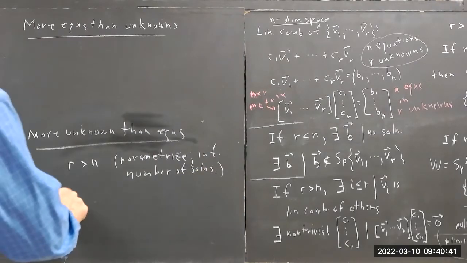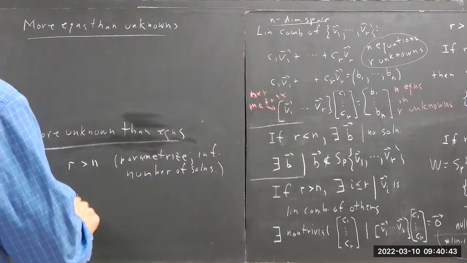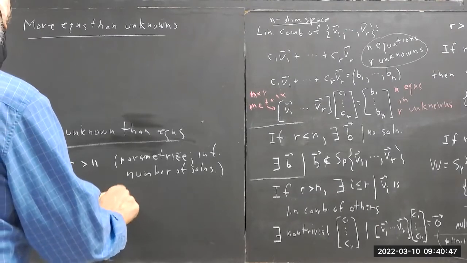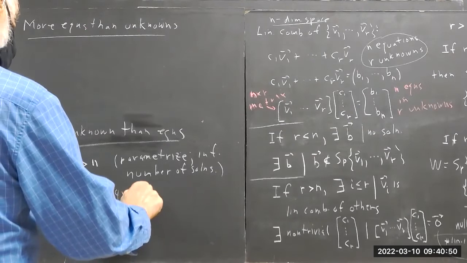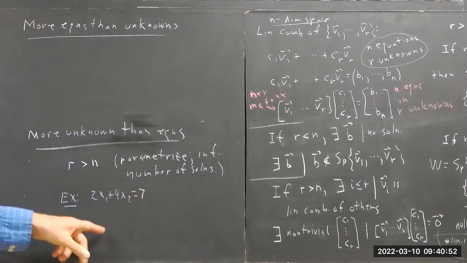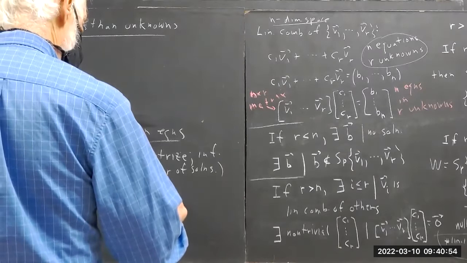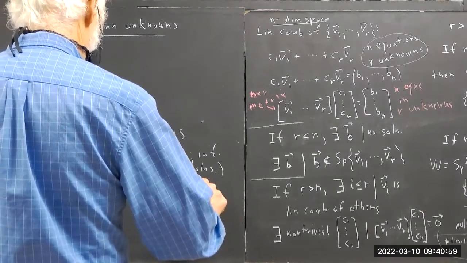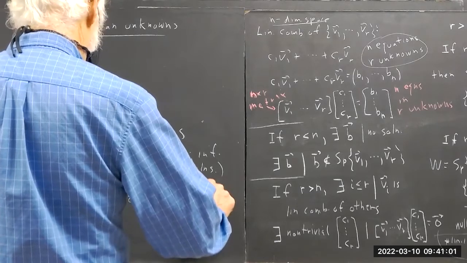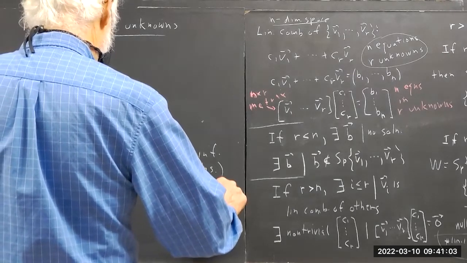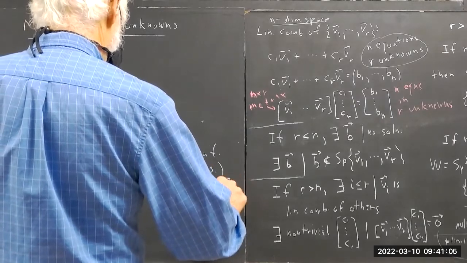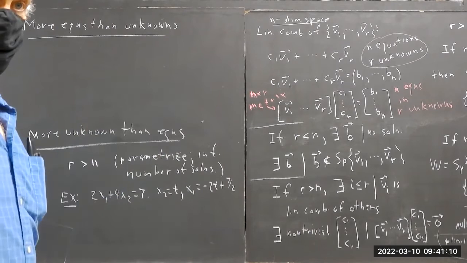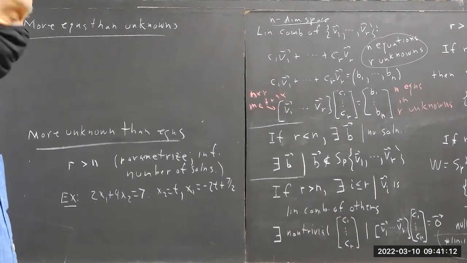Okay, example. You let x1 equal t, x2 equal negative 2t plus 7/2, I think.